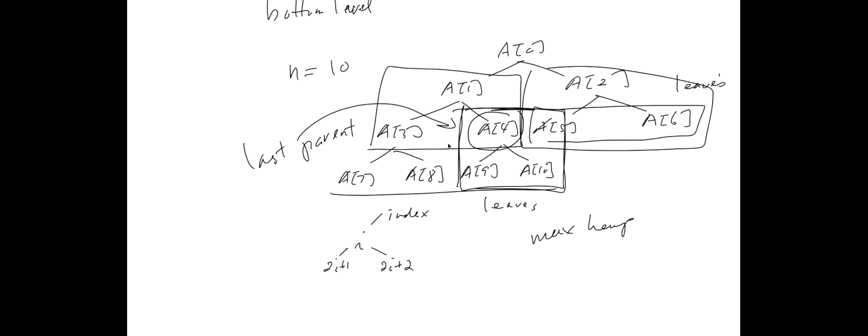So let's say A10 is the largest, then we will make this portion A10, A9, A4. So this is the largest. And then we move to its sibling and do the same procedure.